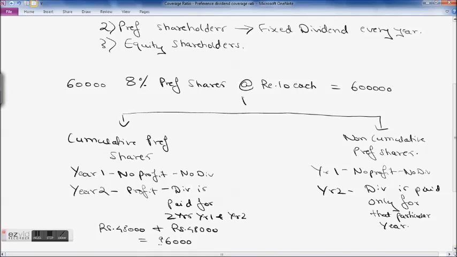So that comes to how much? 96,000. Whereas in case of non-cumulative, you have to pay a dividend of 48,000 in year 2. Okay, so this is how you calculate the preference share dividend. Right, now we will see how we calculate the preference dividend coverage ratio.